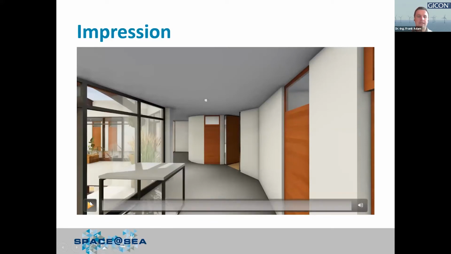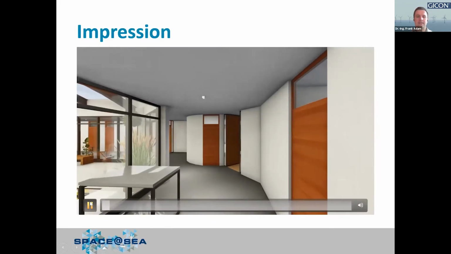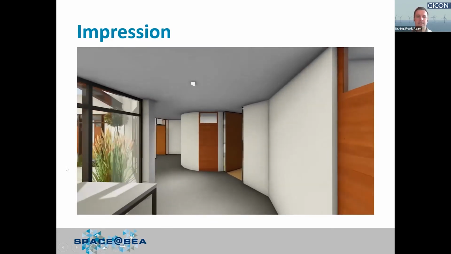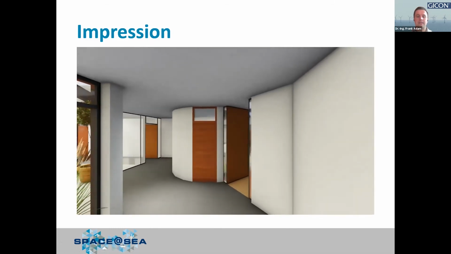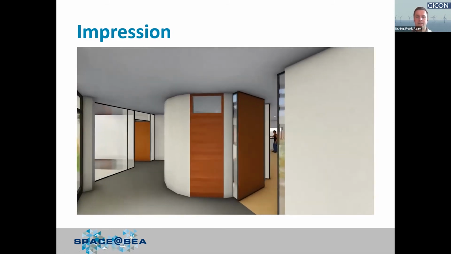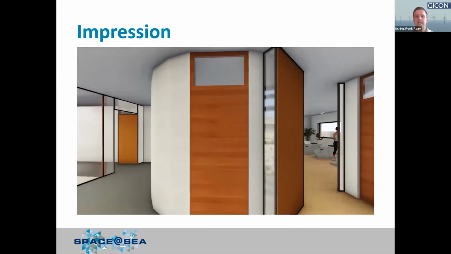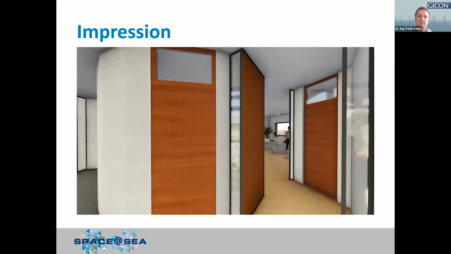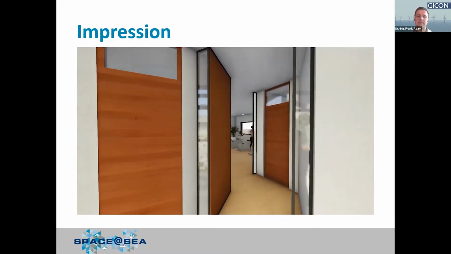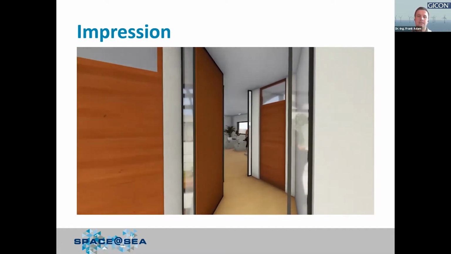On the next impression, in the next video, you see where people can do their daily workout after a working day. So you see here the fitness room on the second floor.